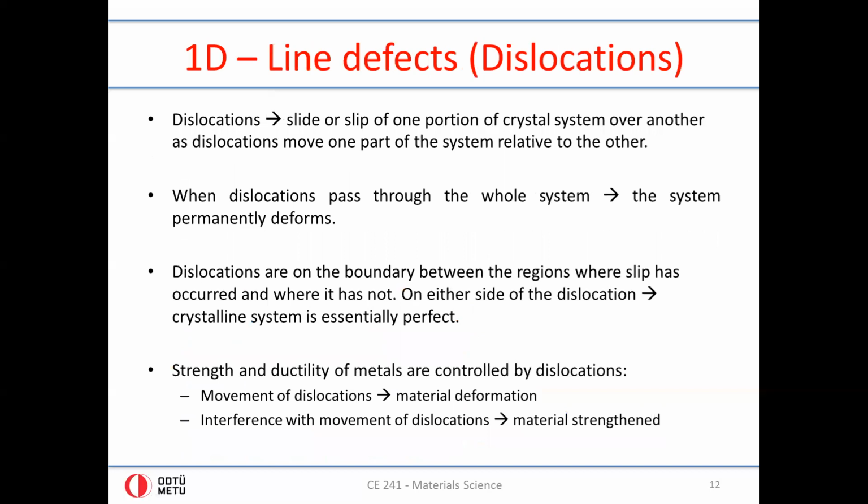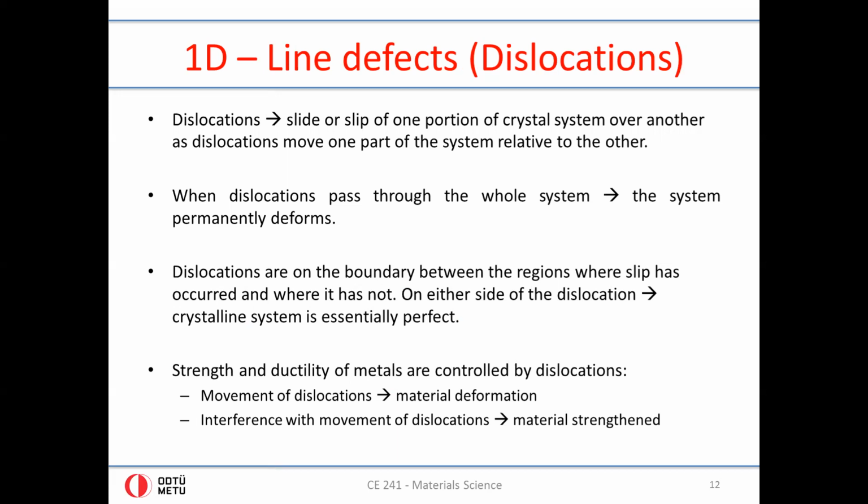Now, when you go up to 1 dimension, the line defects are described also with the name dislocations. And this is defined as the slide or slip of a portion of the crystal over another portion. And these dislocations move one part of the system relative to the other.